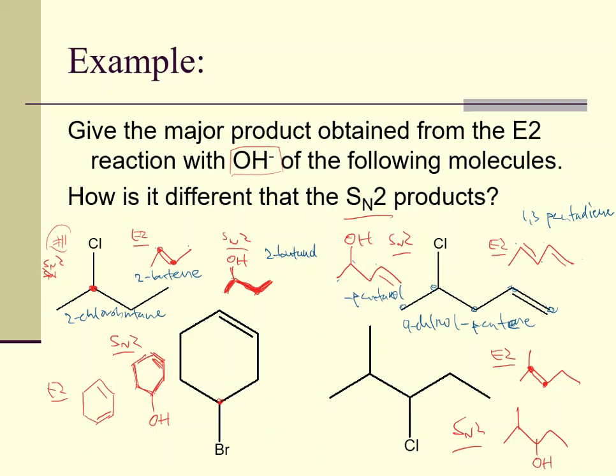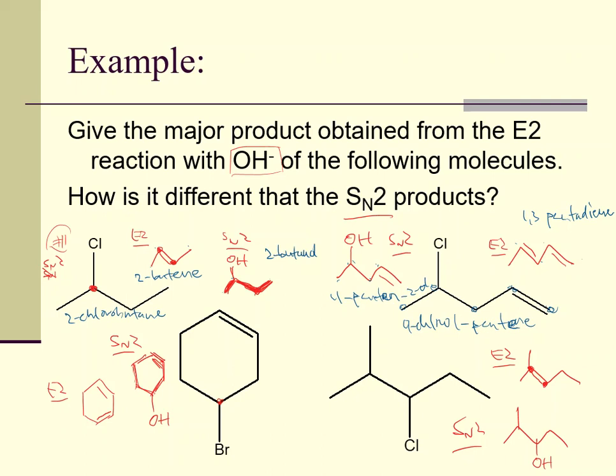So I'm going to have to slightly modify this a little bit. OH gets priority. That's spot 2, it's 3, and then 4. So this is a 4-penten-2-ol. Again, all of this stuff wrapped up into a problem.